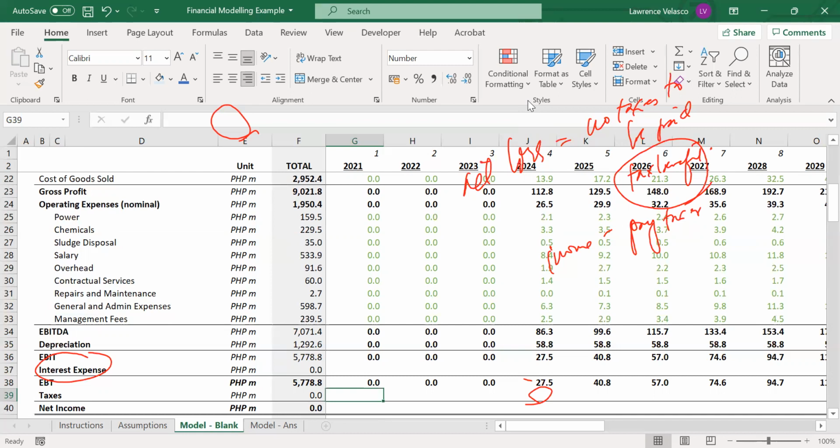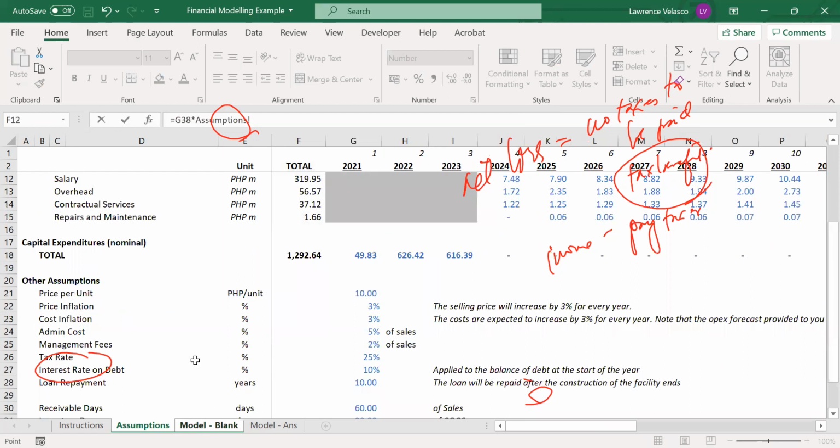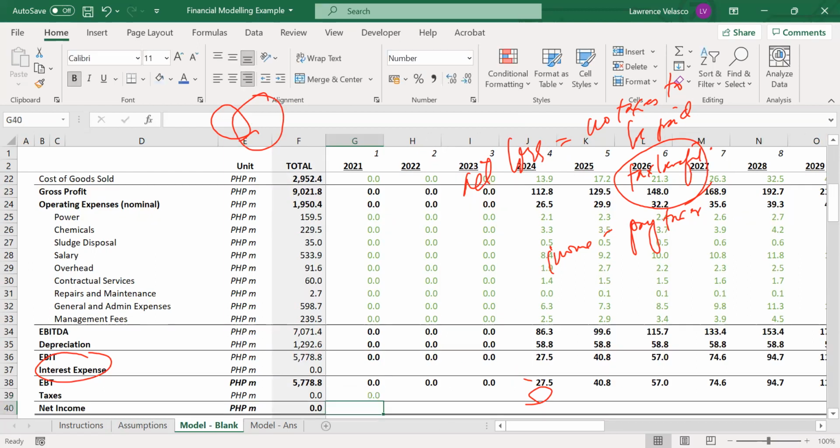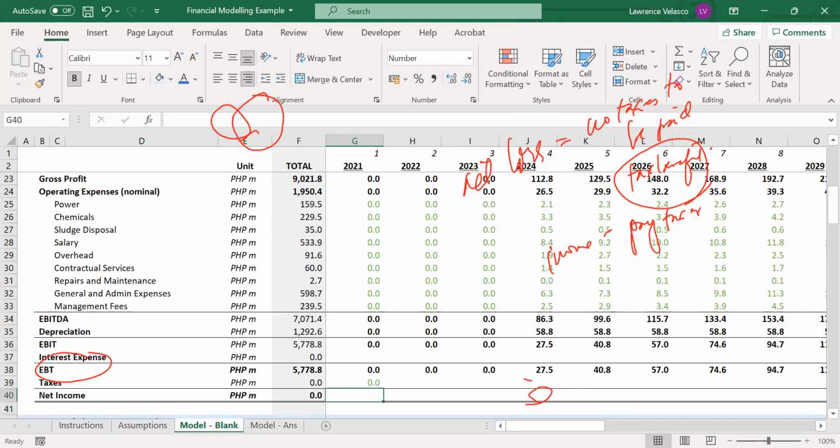Okay? If that is the case, the taxes here as computed will be the EBIT times the tax rate. Okay? 25%. And you want to fix that also. And then to compute the net income, the EBT minus the tax.